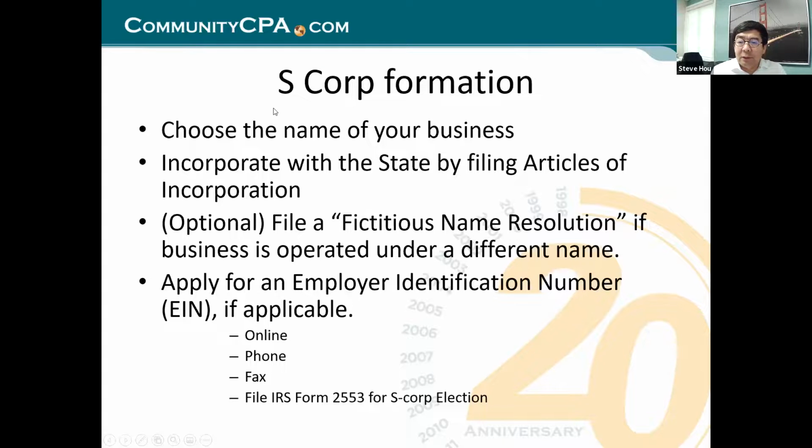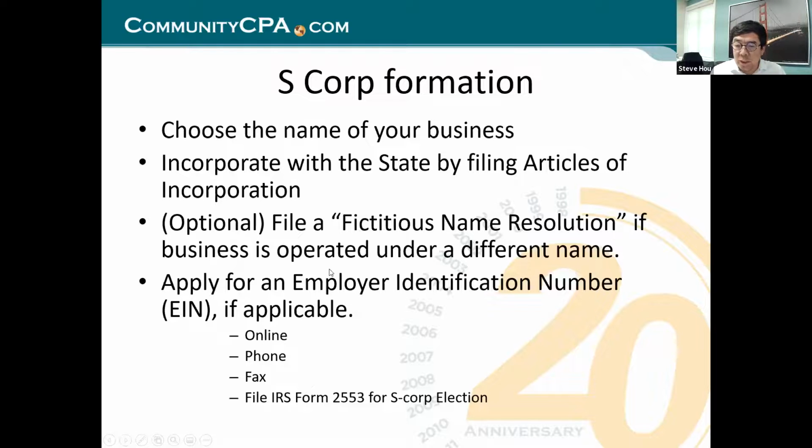I already mentioned earlier that the first few steps of forming an S corporation are just like how you form a C corporation, including applying for an EIN. You do the same EIN application, and the only difference is the very last step here. I probably should have made that a separate bullet point, because it's not part of the EIN application process.